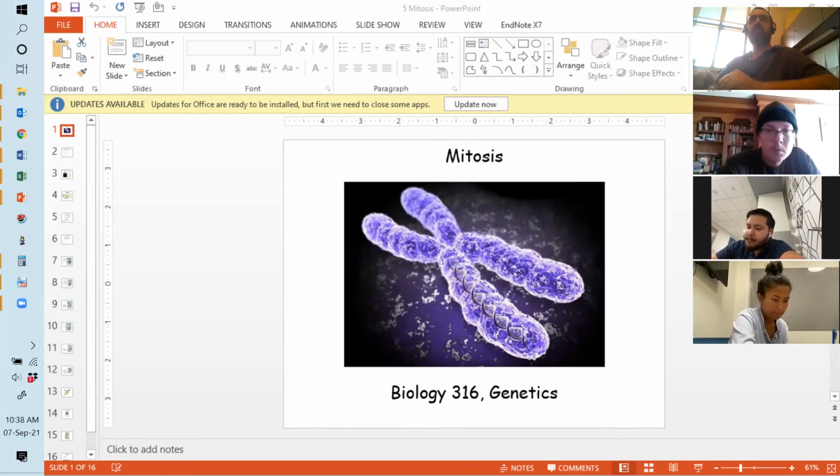Cohesin and separase play really important roles in the timing of anaphase, and also, in a sense, in the alignment of chromosomes on the metaphase plate.